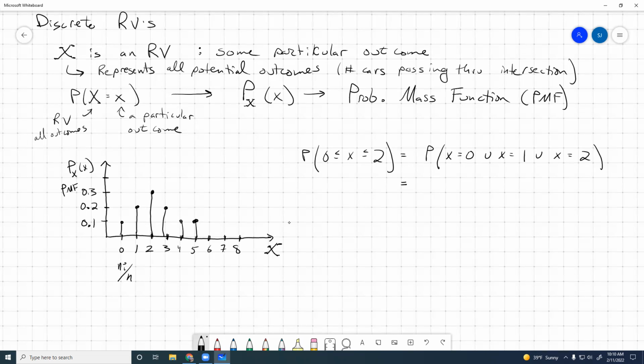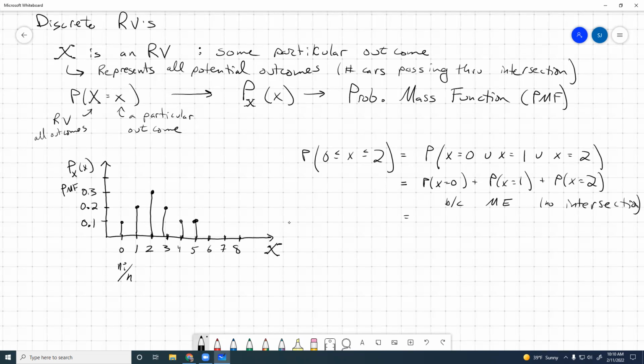And are these mutually exclusive outcomes? Yeah, so if we do or, then we don't have to subtract the intersection, right? Because they don't intersect. So then we can just say this is the probability X is equal to 0, plus the probability that X is equal to 1, plus the probability that X is equal to 2, because they are mutually exclusive. No intersection. So we're not going to subtract out that intersection.